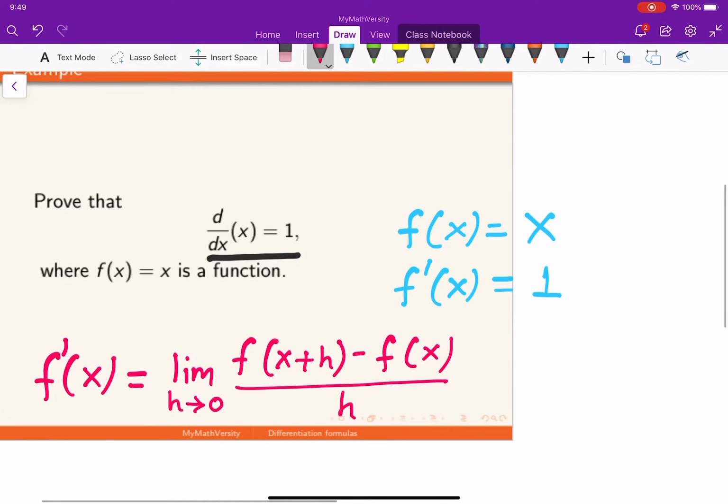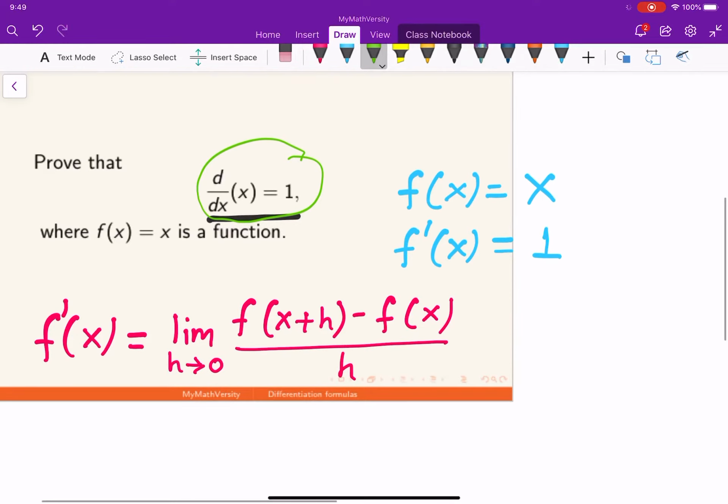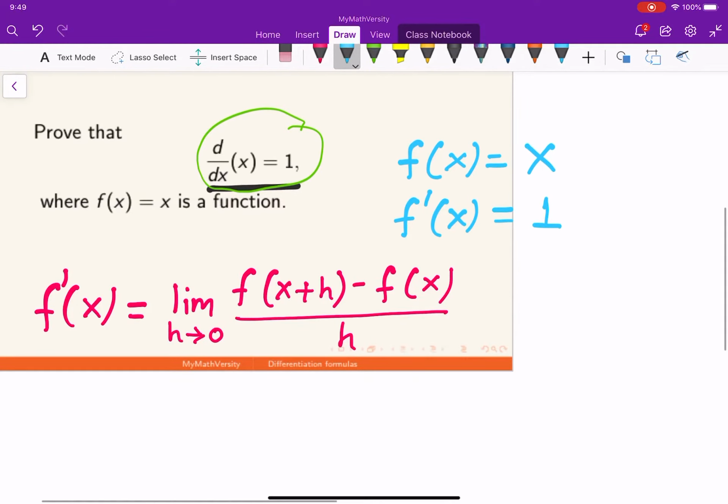So if you want to prove this result, we assume that the function here is the identity function x. It's already given, so we can suppose that f of x equals x. Now we're going to compute the difference quotient.